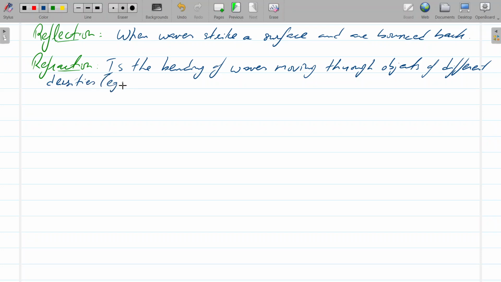For example, air and glass, or depth in case of water waves.